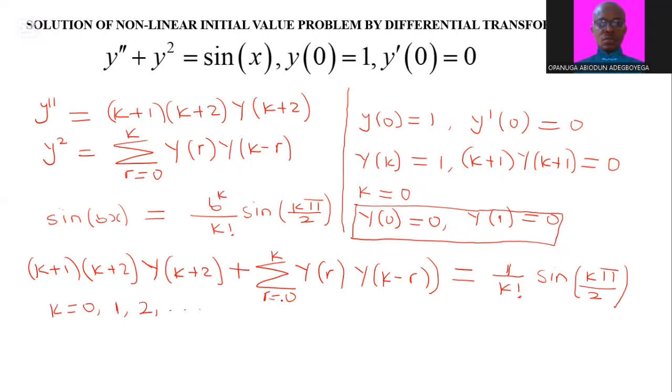So let's begin with when k is equal to 0. But before we do that, let us make Y(k+2) the subject by moving all other terms to the right-hand side of the expression.